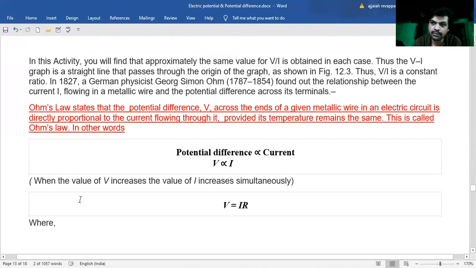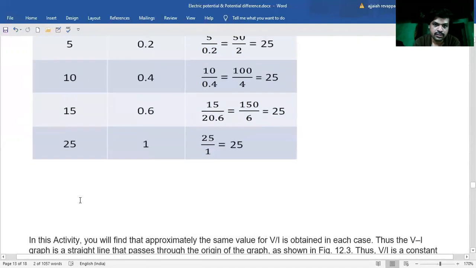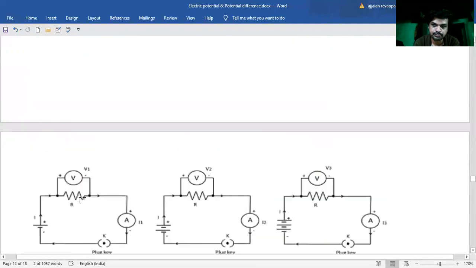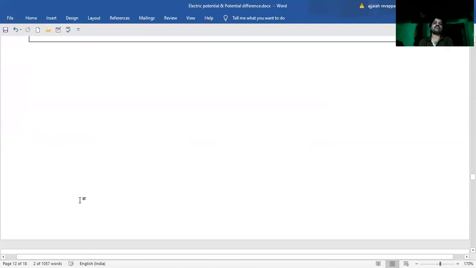Students will have a quick recall of what we have learned so far. So first we learned about the voltmeter. Voltmeter is a device we use to measure the potential difference between the 2 points. And how are we going to connect this voltmeter?